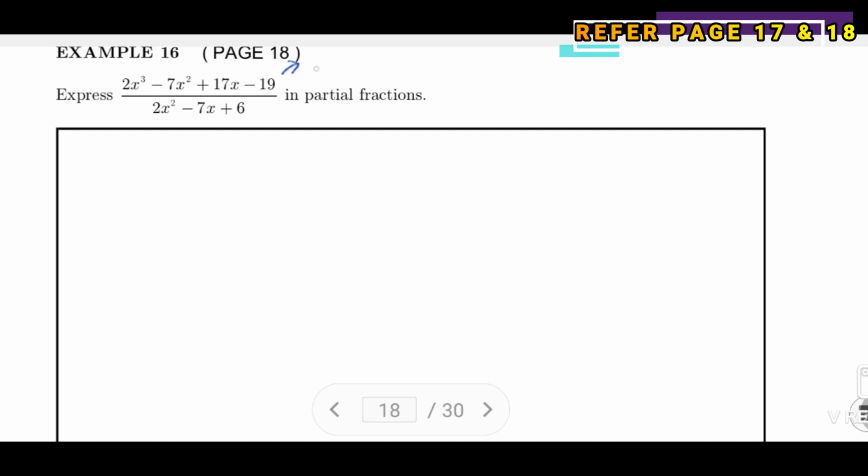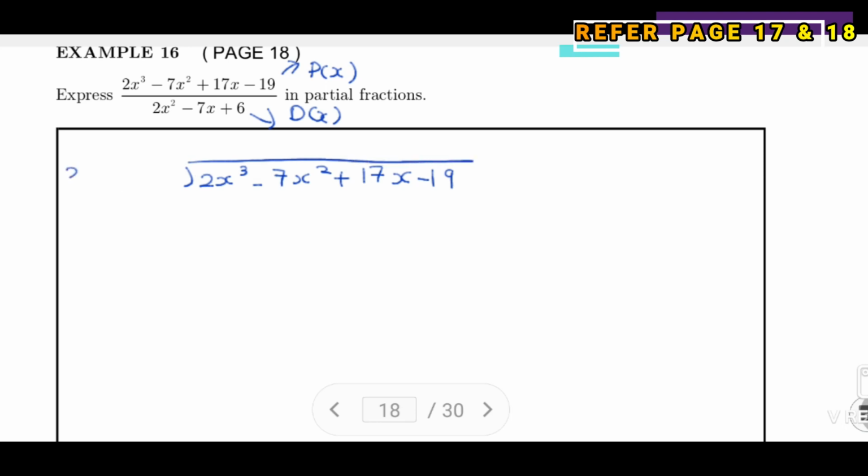So the polynomial in the numerator will be px, and the polynomial in the denominator will be dx, the divisor. So 2x cubed minus 7x squared plus 17x minus 19 will be divided by 2x squared minus 7x plus 6.